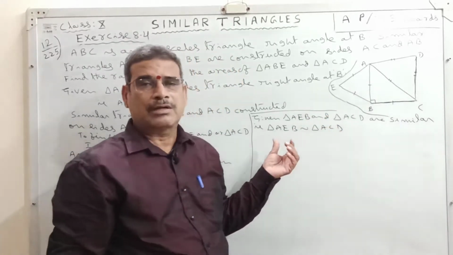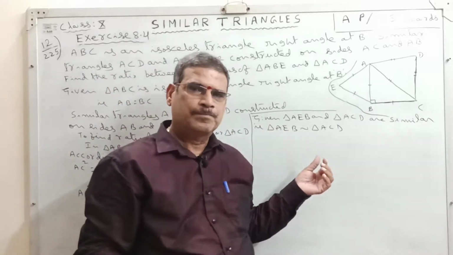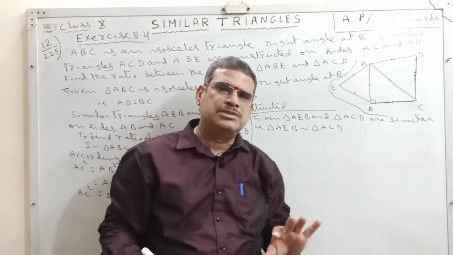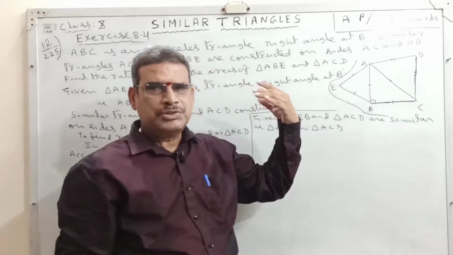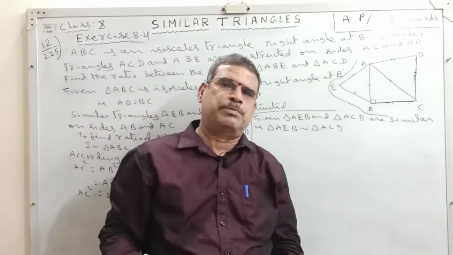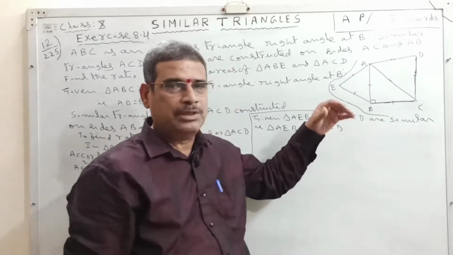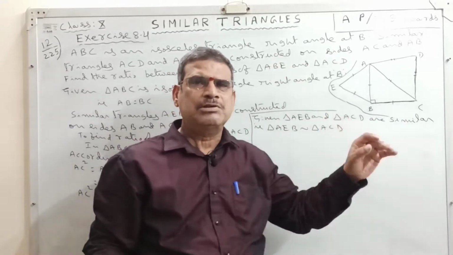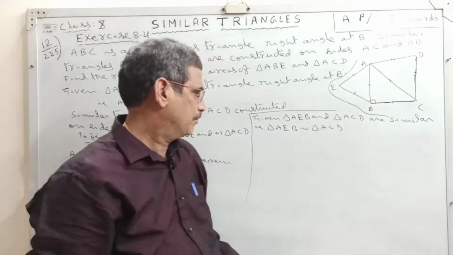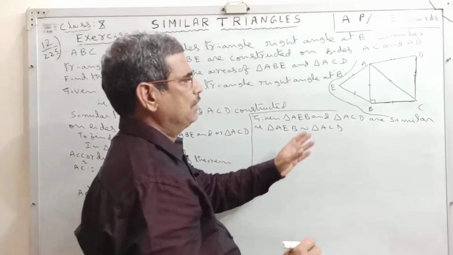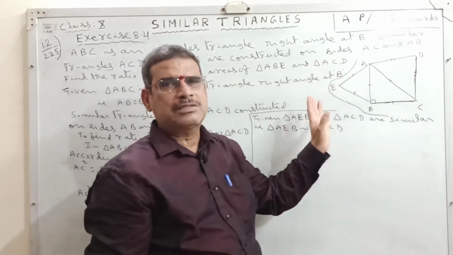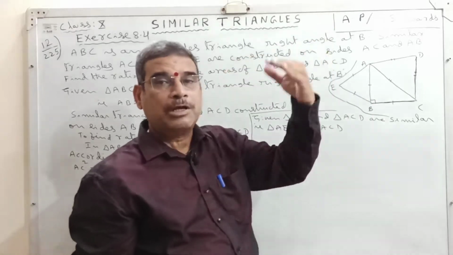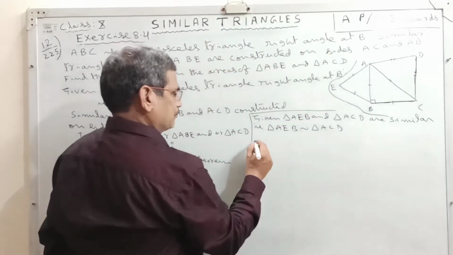Already we know very well, in similar triangles the ratio of the areas of those triangles is equal to the ratio of the squares of their corresponding sides. Always area is equal to the square of the side.